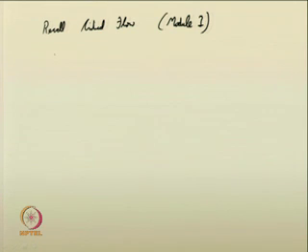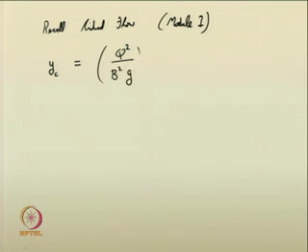I hope you are able to recall. The critical depth in a rectangular channel for a given discharge is given as (q squared by b squared g) whole to the power of 1 by 3. I am not again coming back into how you have obtained this equation. We have derived it very clearly in module 1 of this course.